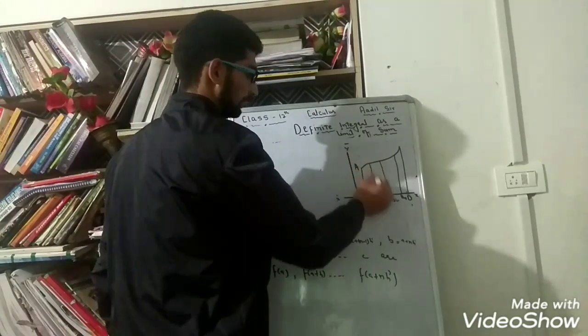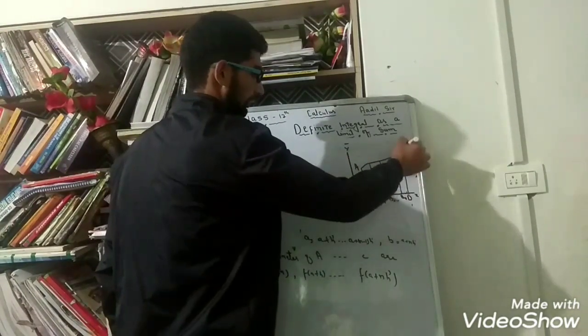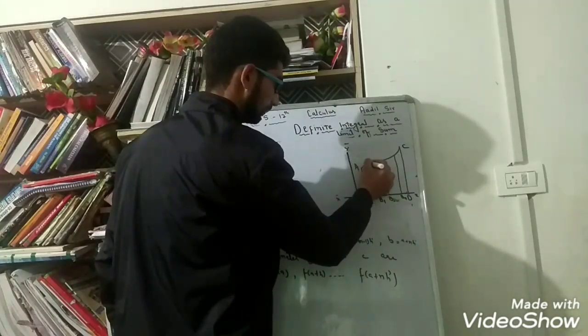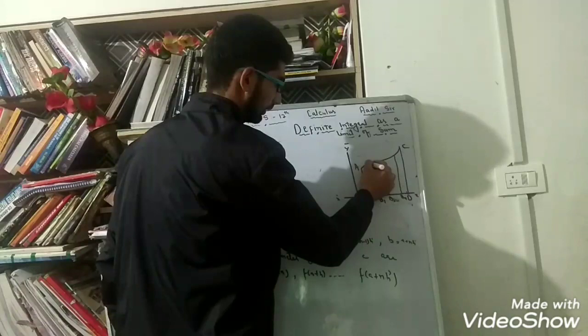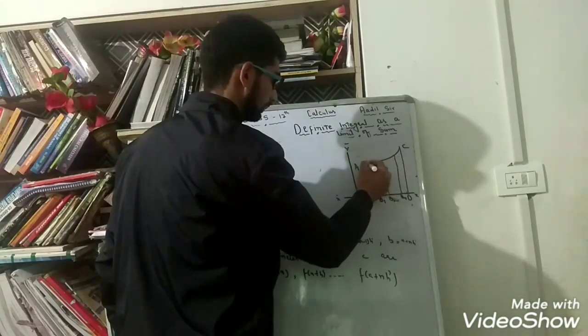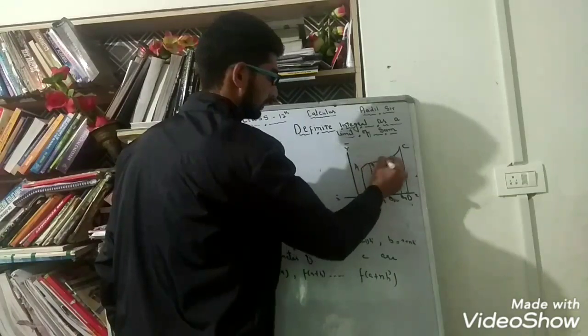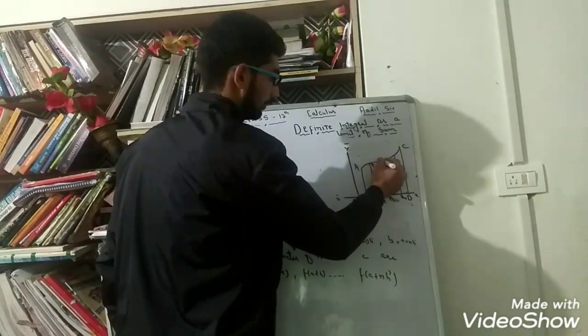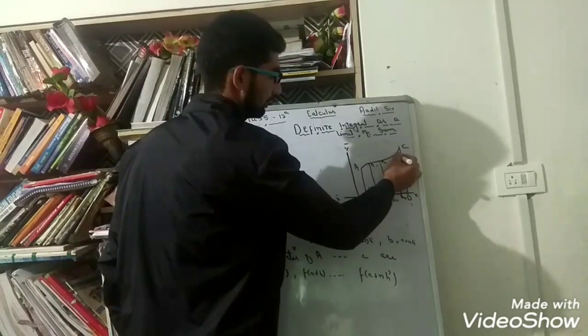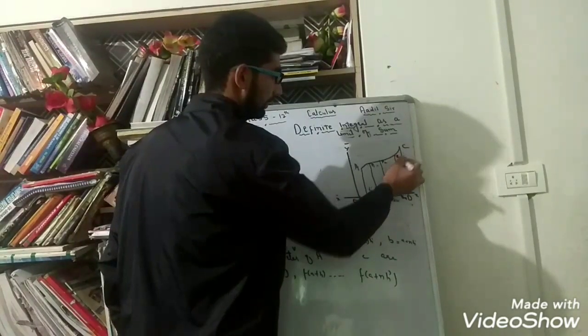This is my A, this is my C, and this one I am taking as P1, this one as P2, and so on up to this one, Pn minus 1.